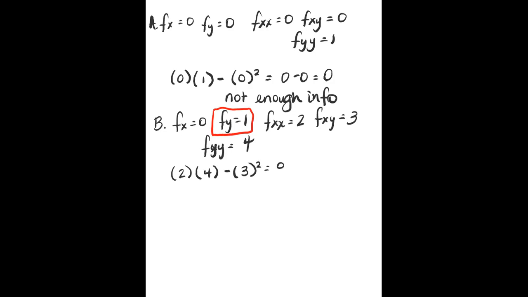So I get 8 minus 6 gives me 2. So that might give me pause there. I'm like, well, I got a number, so I should be able to use the chart. But again, Fy equals 1. We said in the beginning, this has to be 0. It's not, so it's not a critical point.